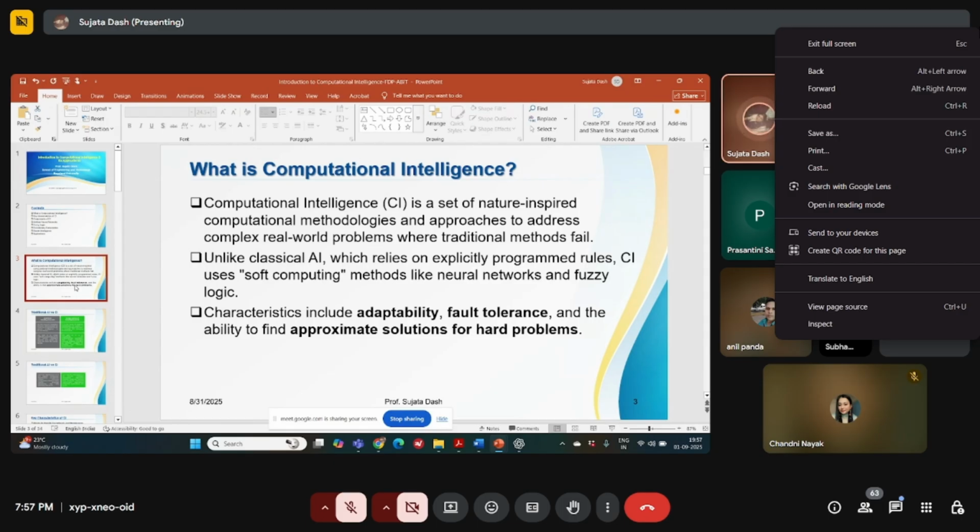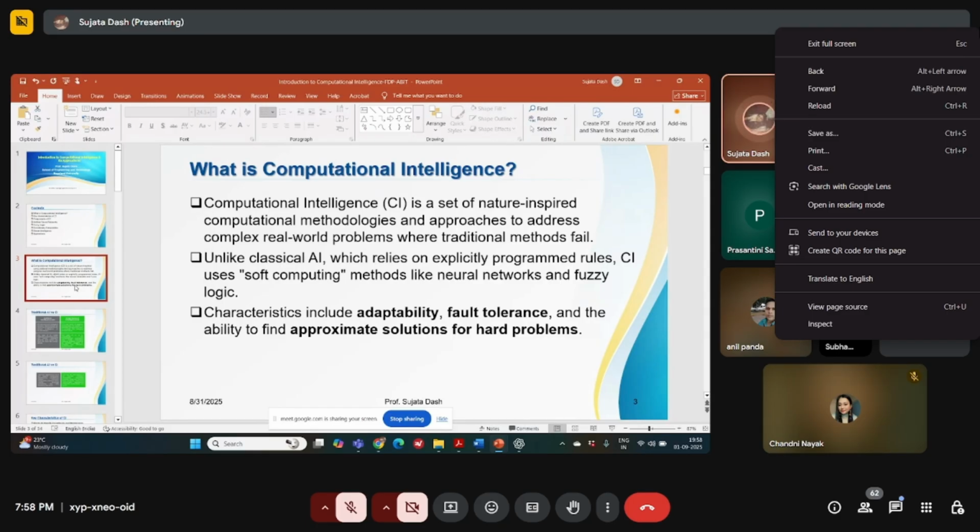If I say neuro-fuzzy system, that means we are combining the methods of neural networks and fuzzy logic, to leverage the strengths of both approaches. You can combine the strengths of multiple approaches and develop a hybrid system.